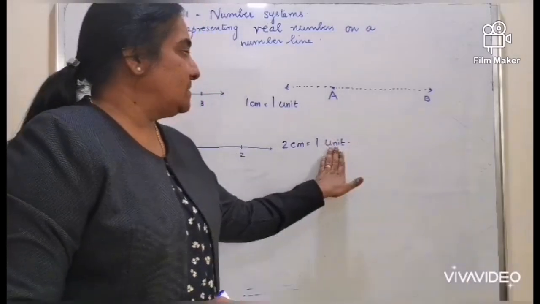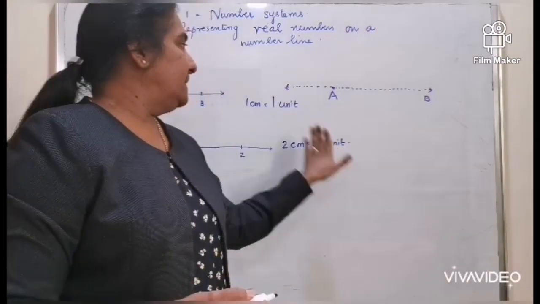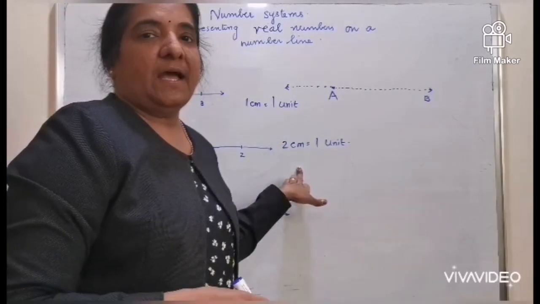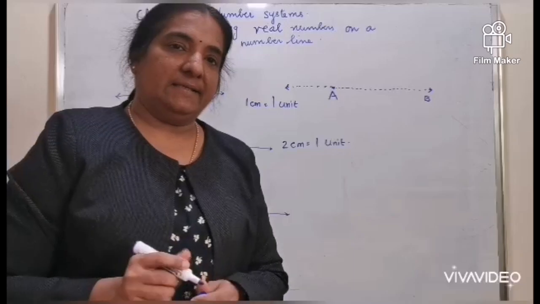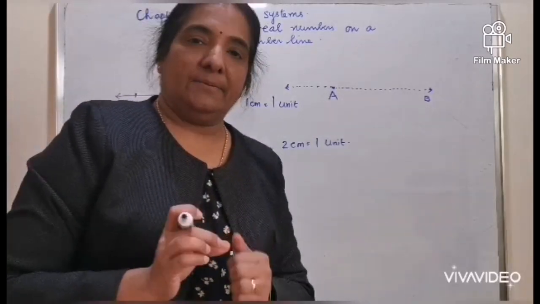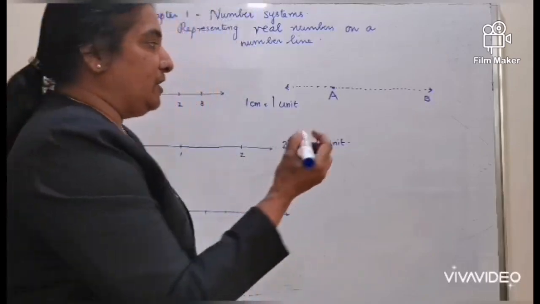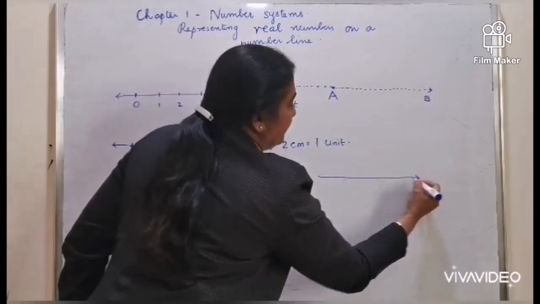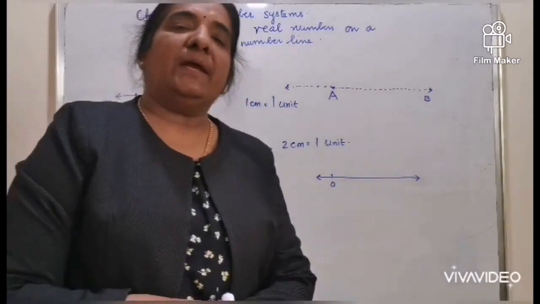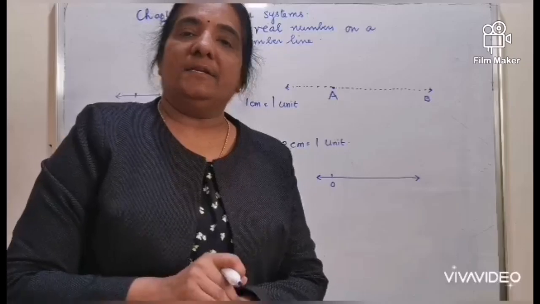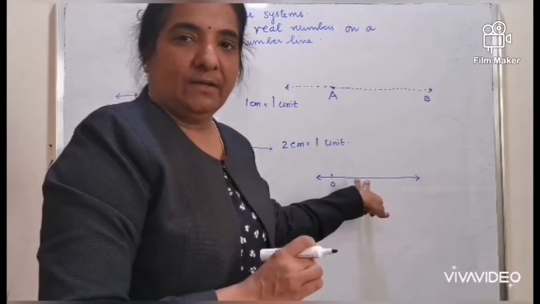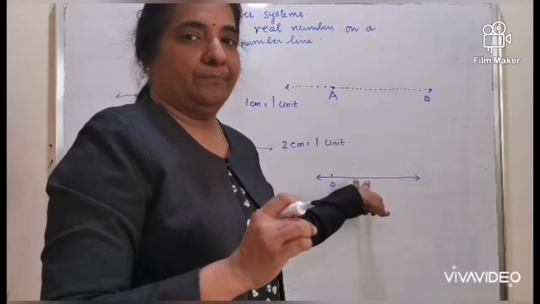We say it as 1 unit whether you consider 1 centimeter or 2 centimeters. And one more important concept is that since a line does not have a fixed length, when you draw a number line, the position of 0 can be anywhere on the line. It need not be the center of the line which you are drawing.